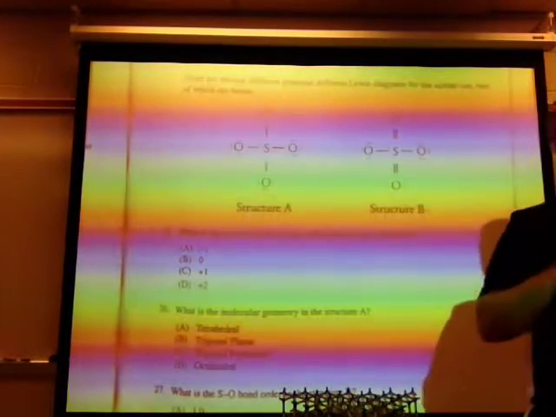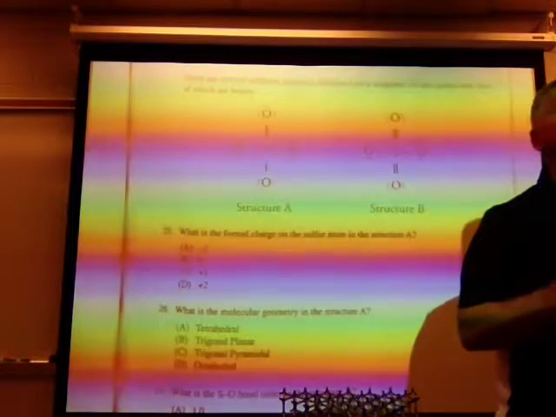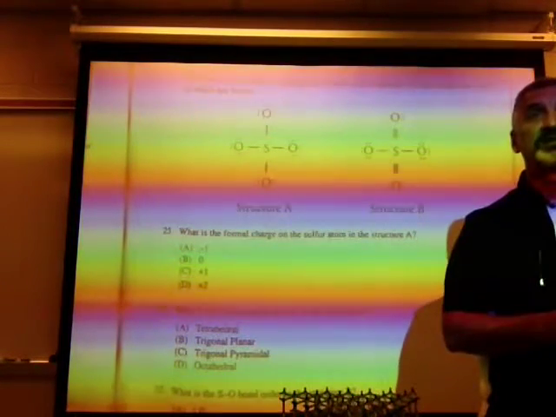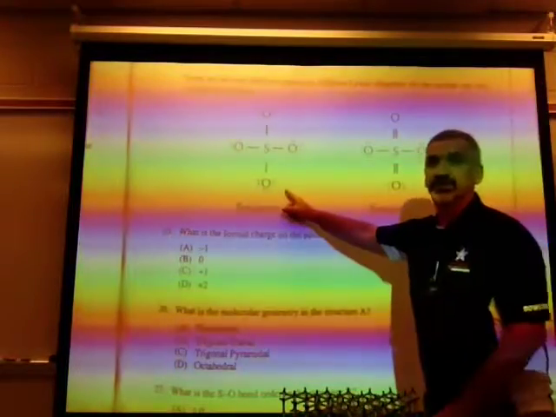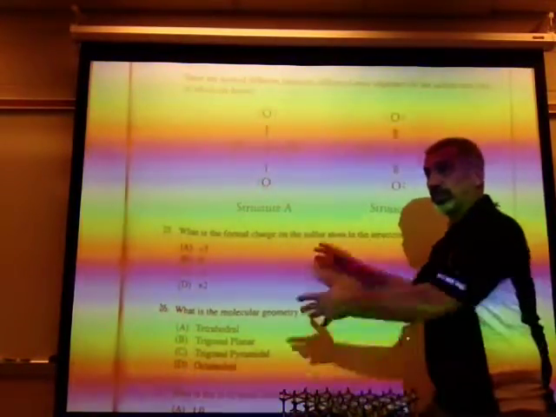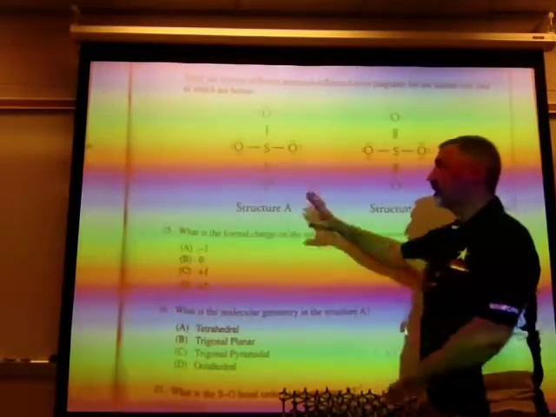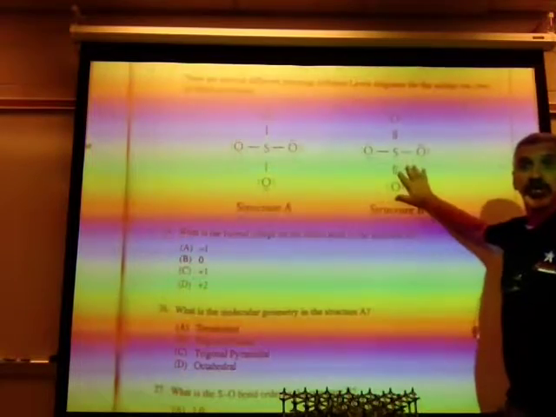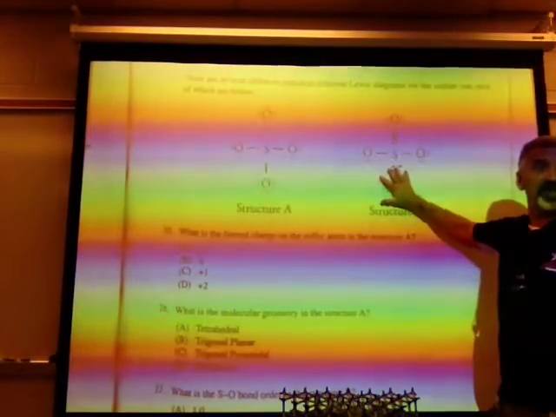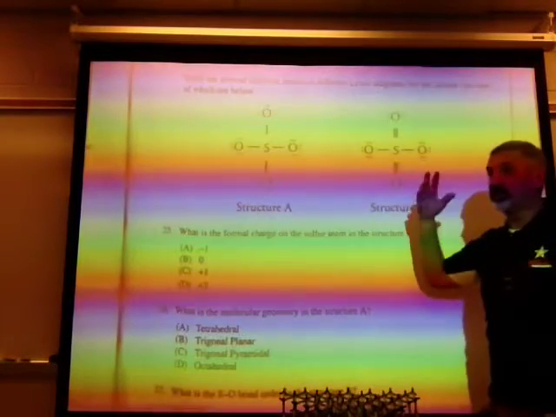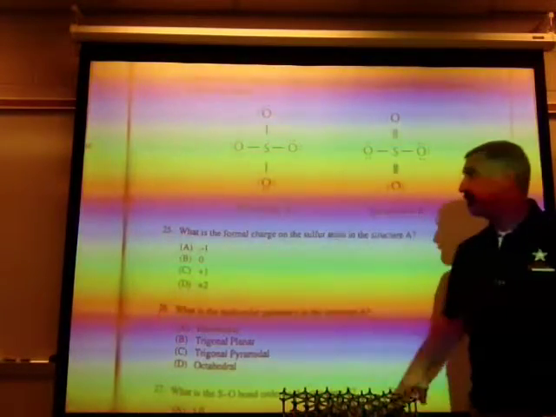If the question simply said, draw the Lewis structure for an SO4 2- ion, draw it this way. If it doesn't say anything about formal charge, don't worry about formal charge. Just draw it according to our normal rules. The only time you have to draw a formal charge is when the question specifically asks for it. Otherwise, just do it with the normal Lewis dot structures and don't worry about it.